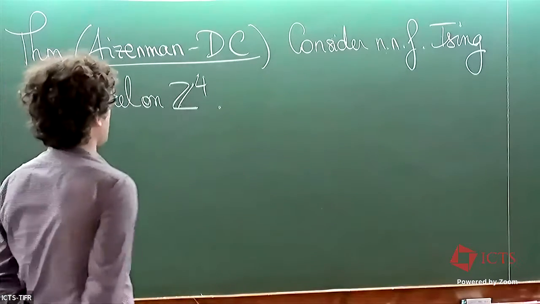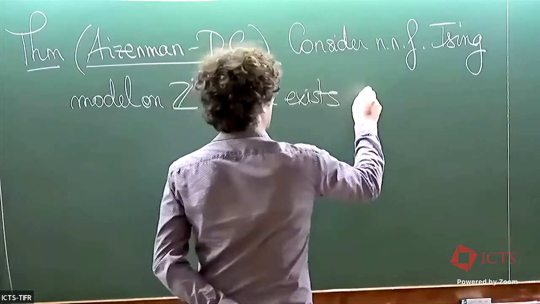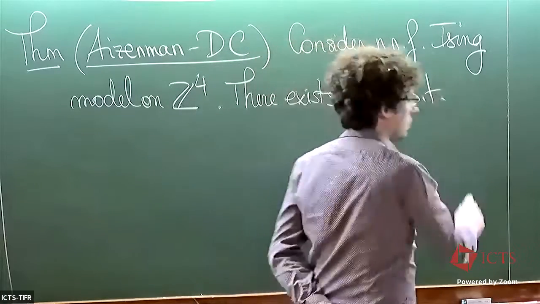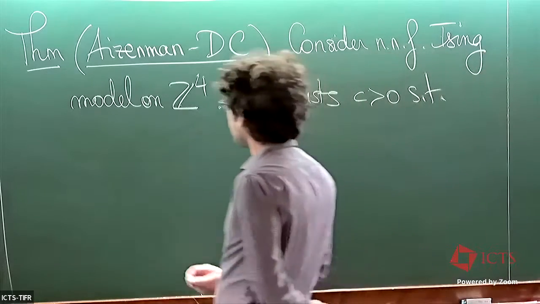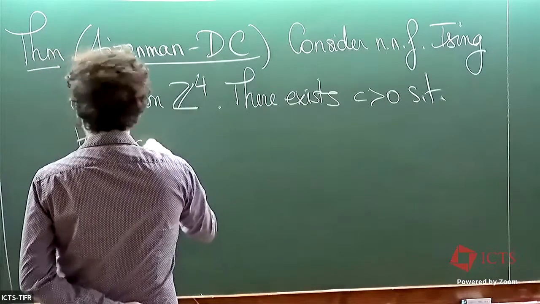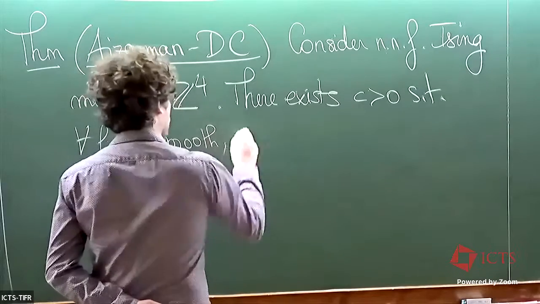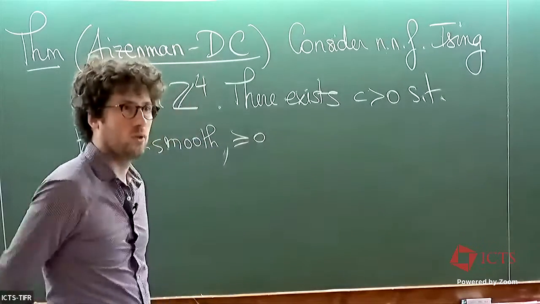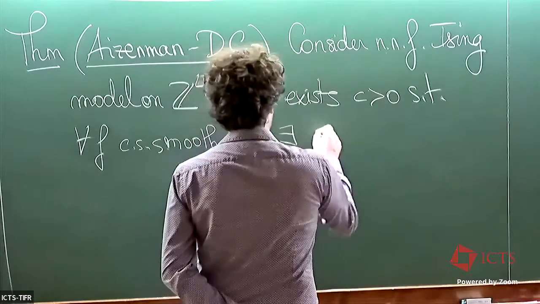So in 4 dimensions, then there exists a constant C such that the following holds. For any function f, compactly supported, smooth, and also I'm going to ask positive for the purpose of this talk, it's going to be simpler. For any function like that, there exists a constant.